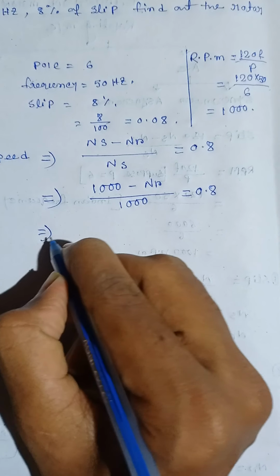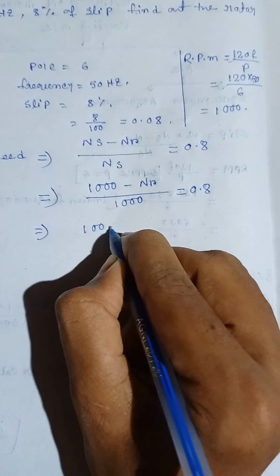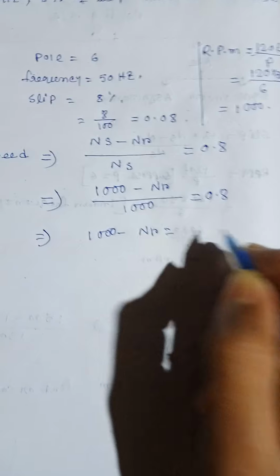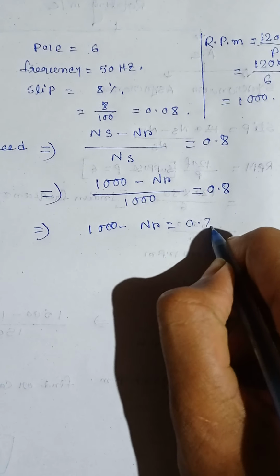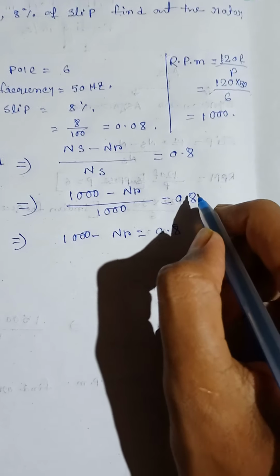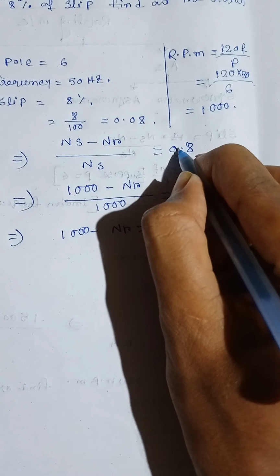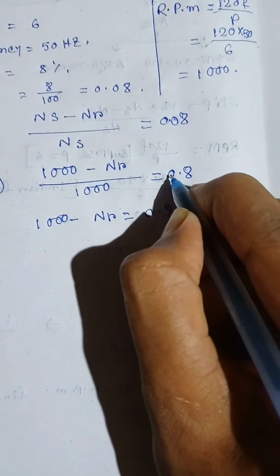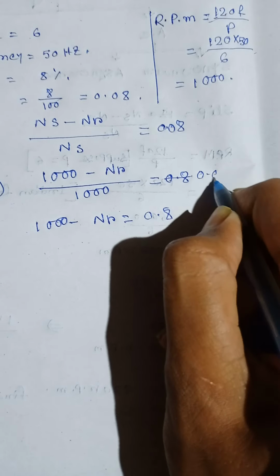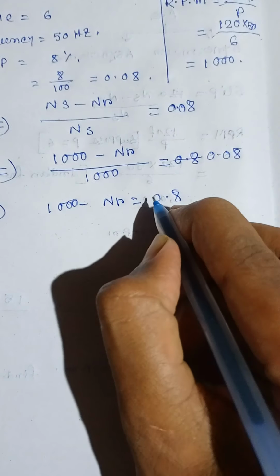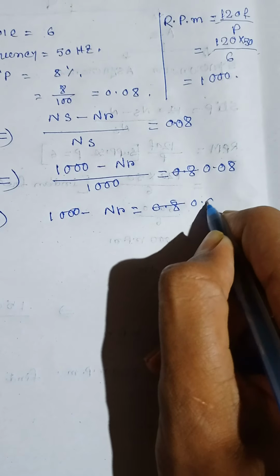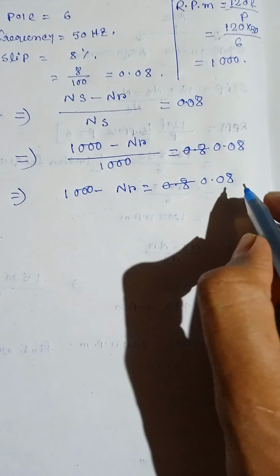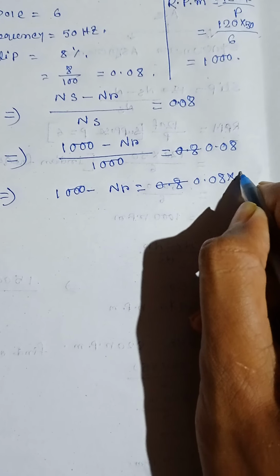Okay, so 1000 minus nr equals 0.08 into 1000.